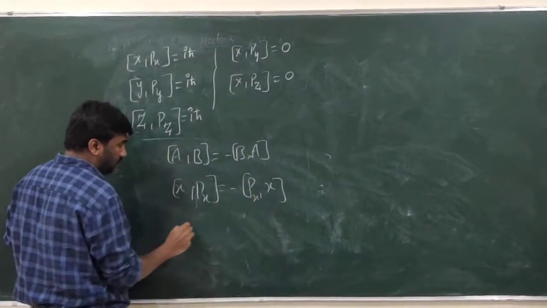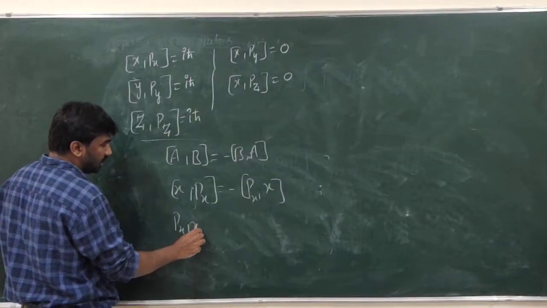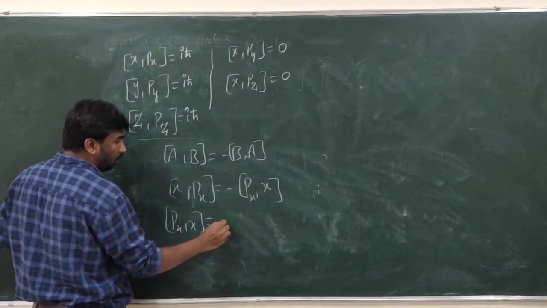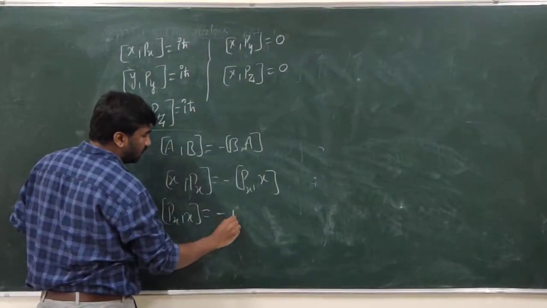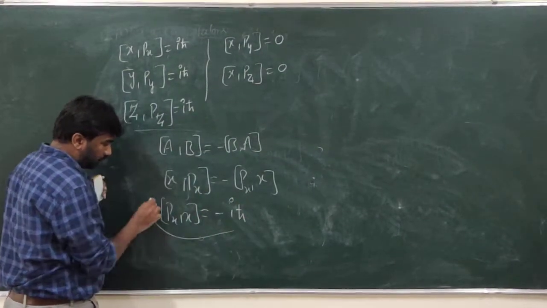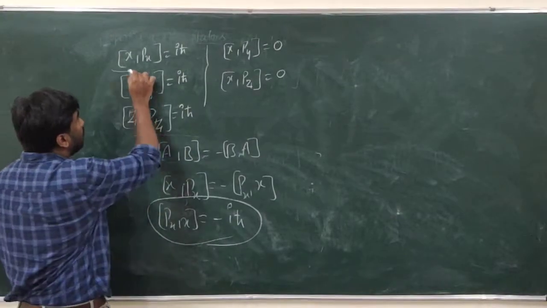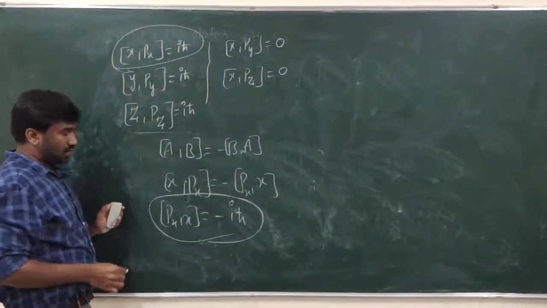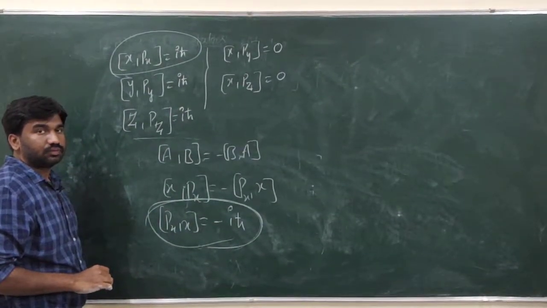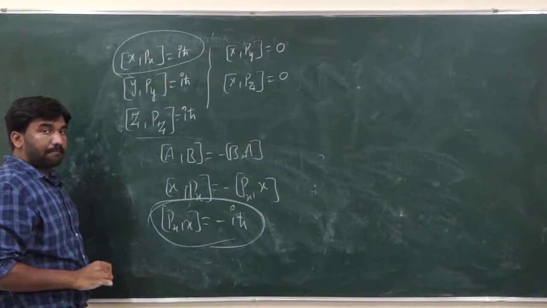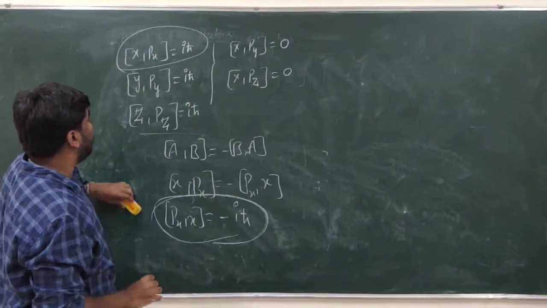That means [px, x] is equal to minus [x, px]. [x, px] means iħ, so we will get minus iħ. So [x, px] we will get iħ, and this [px, x] can be written as minus iħ. Okay? Should remember this one.